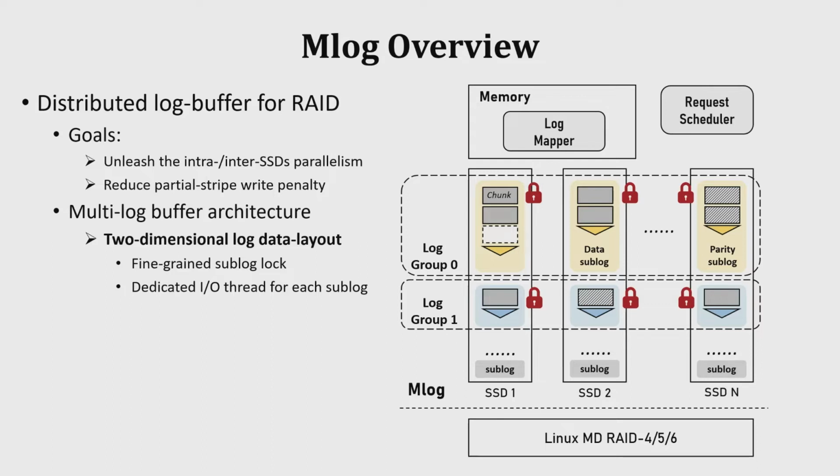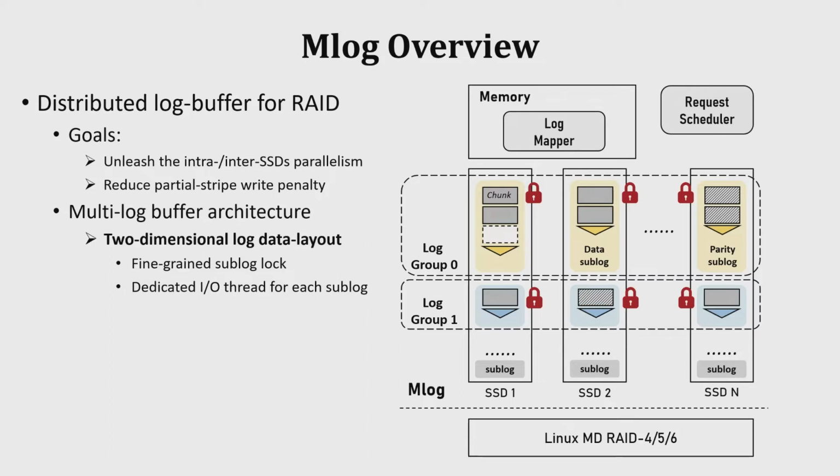To exploit the intrinsic data parallelism among sublogs, Mlog sets a fine-grained write lock for a sublog to serialize its requests.